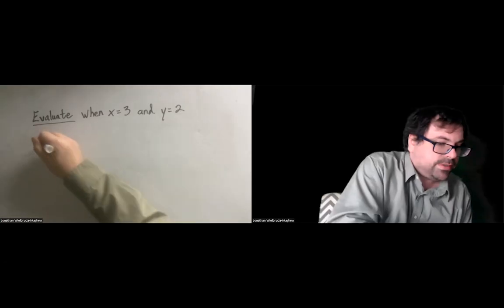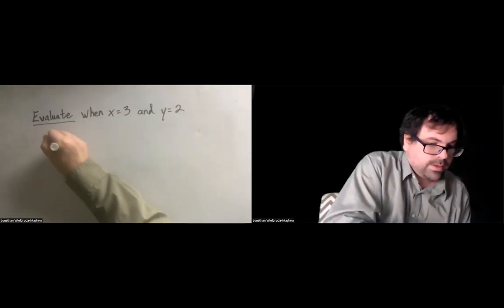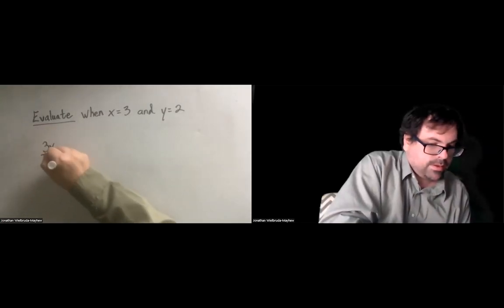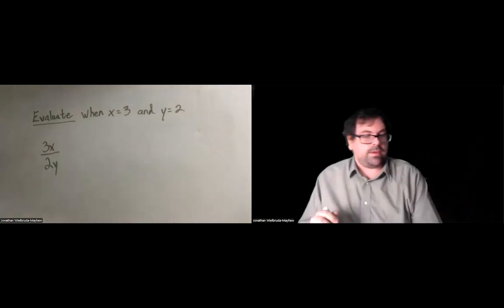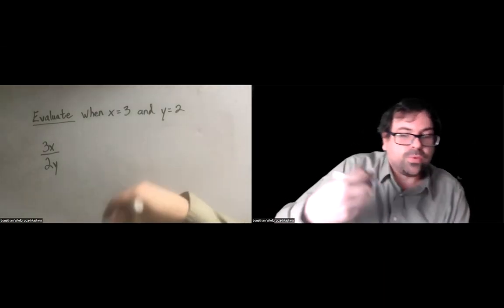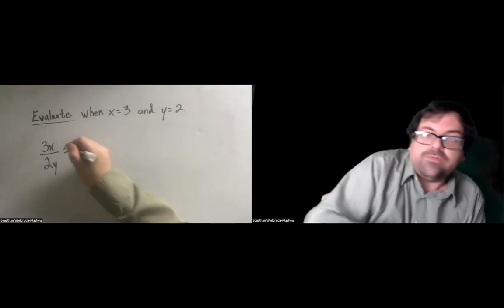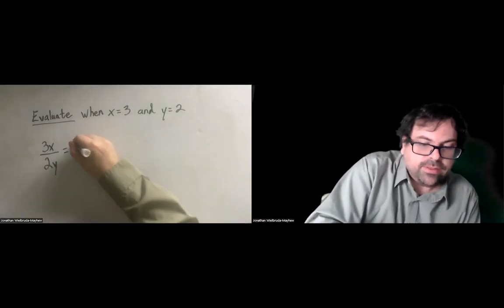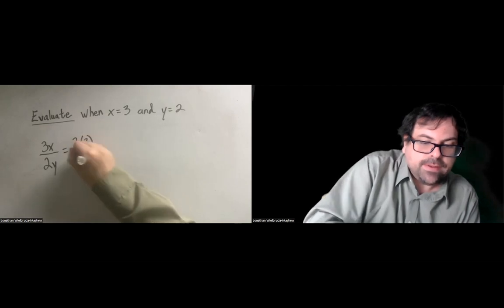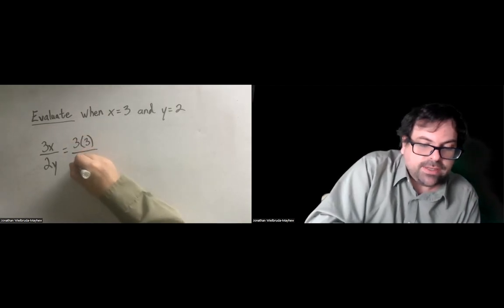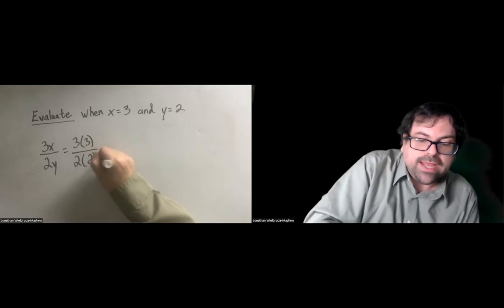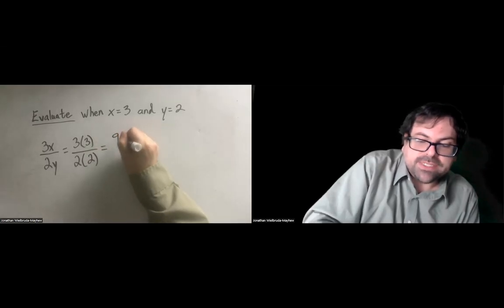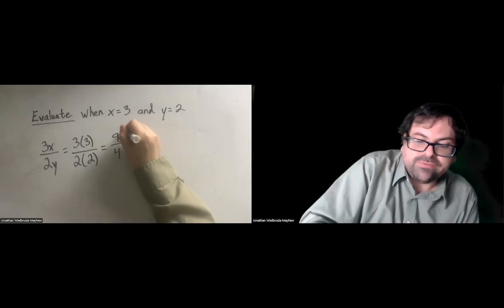Same values. 3x over 2y. Feel free to try these. We plug in 3 for x and 2 for y. 3 times 3 is 9. 2 times 2 is 4.